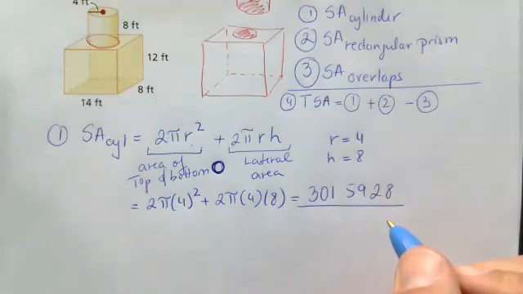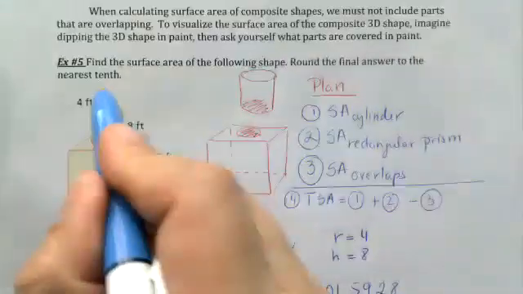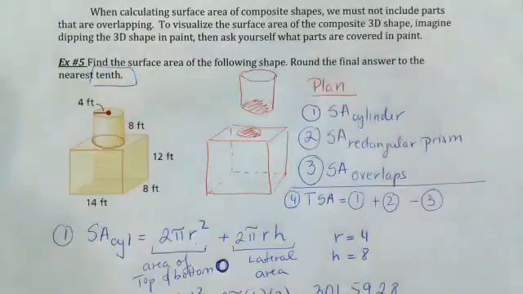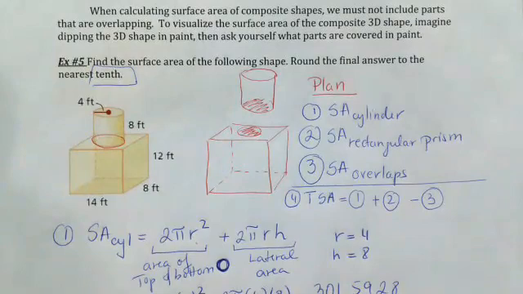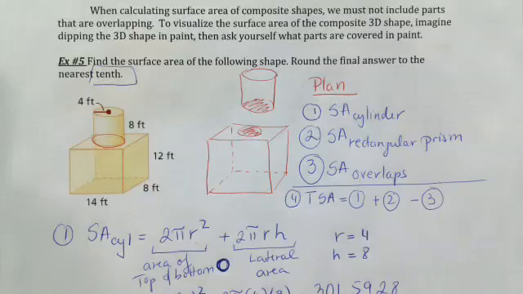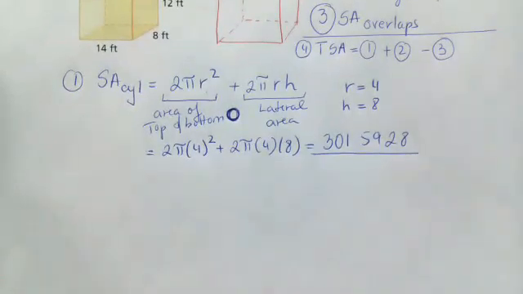Why 3? I agree with 3. At least 3. Why 3? Because they want the final answer to be rounded to the 10th. That's 1 decimal. You want to keep always at least 2 extra. So whatever other calculation you'll be doing, you're not going to round where your final rounding should be, okay? So good job, everyone. Let's keep going.